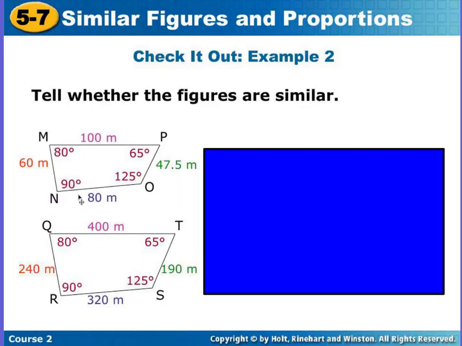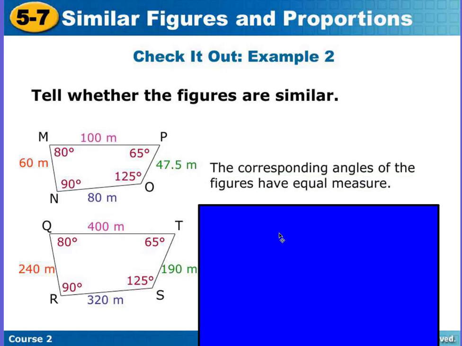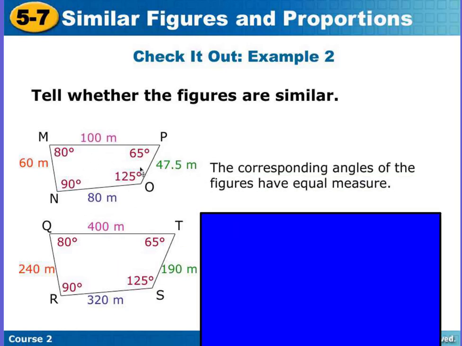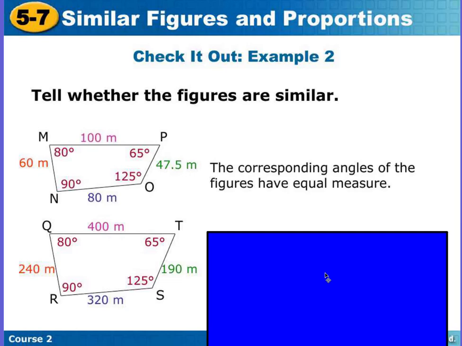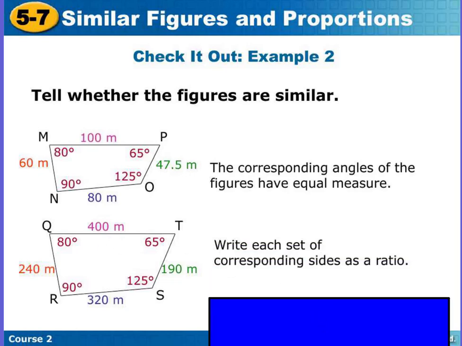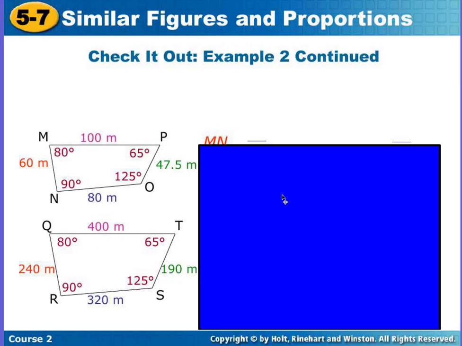We can do the same thing with another one. This one's the same thing. We're looking at those same pieces. Do they all match up? Are they the same shape? Yes. Are they different sizes? Yes. Are my corresponding angles congruent? Yes. Are my corresponding sides proportional? That's what we have to figure out. So you write out the ratios.